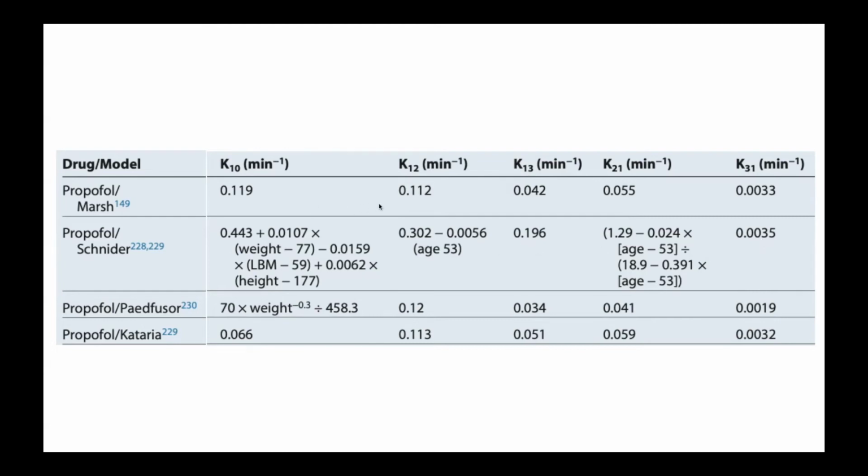The way to remember this with Schneider is that, given that V2 is varied by age, it should prompt you to say that K12 and K21 are also varied by age. That would be the connection that you would make to be able to memorize that, okay?